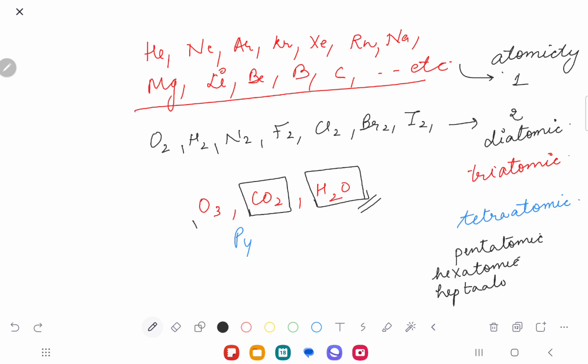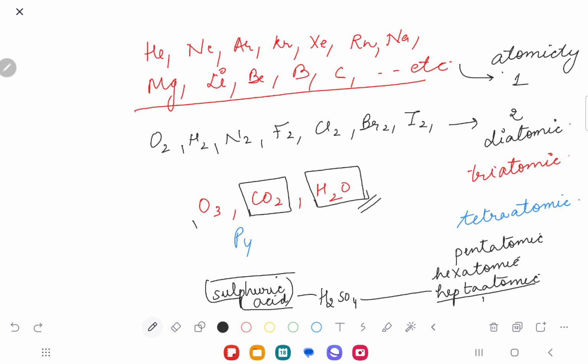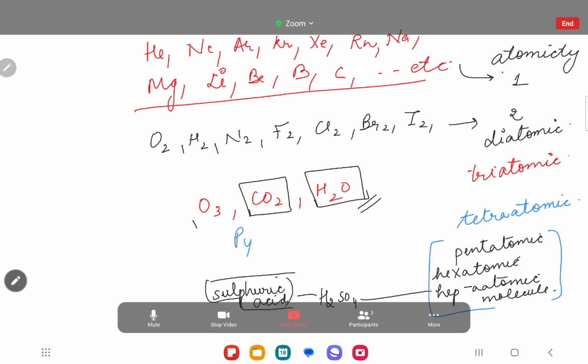Heptatomic, I gave you the example, H2SO4, sulfuric acid. Heptatomic molecule. Understood or not? Yes. So that is the concept. Do you understand the atomicity?